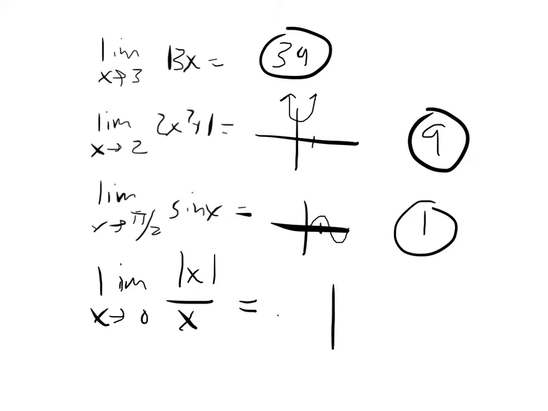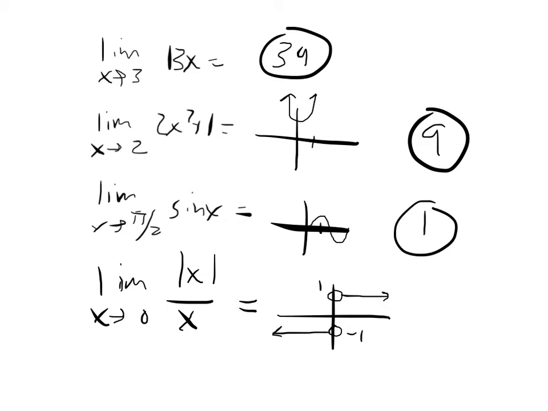Well, for all positive numbers, say the absolute value of 2 over 2 is going to be 1, and the absolute value of any number over itself is going to be 1. So I'm looking like this to the right side. What happens if I put in negative numbers to the left? The absolute value of, say, negative a half is a half, so a half over negative a half is negative 1. So for all negative numbers, I'm going to look like that. So this is at 1, and this is at negative 1.